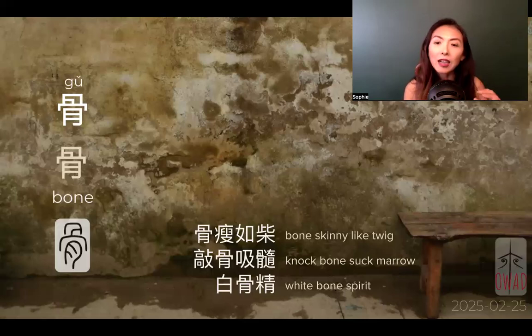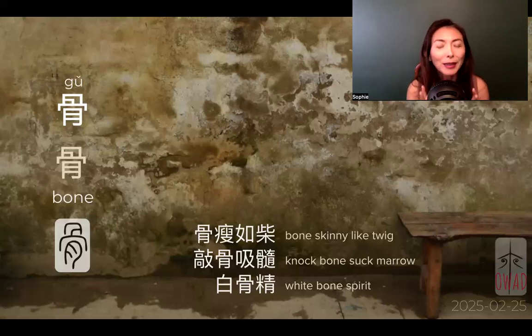In both English and Chinese, this marrow is associated with the essence of individuals. So 敲骨吸髓 not only talks about a dining level, oftentimes we're talking about getting the last bits of somebody's essence out, like you eat up the whole thing.